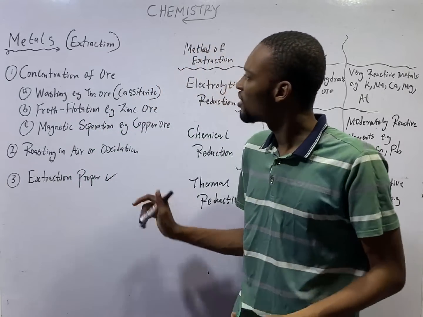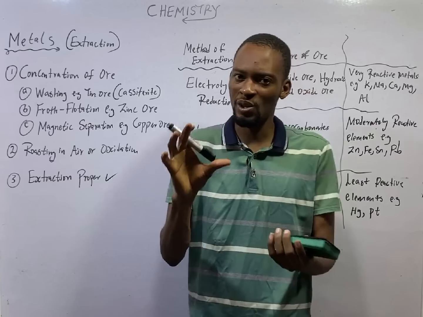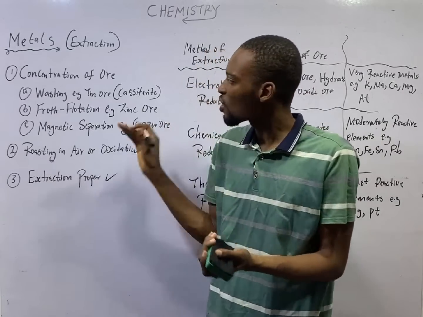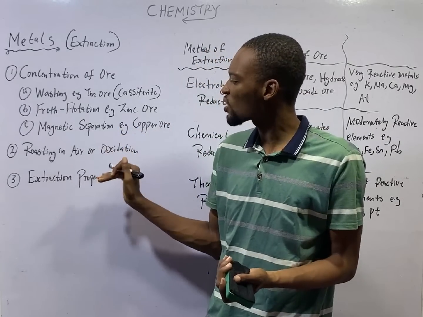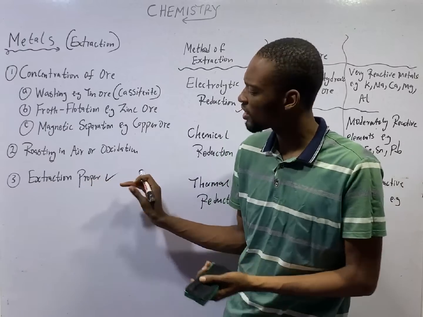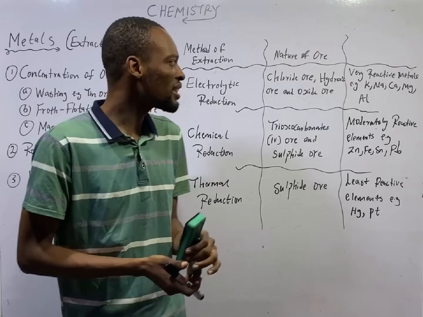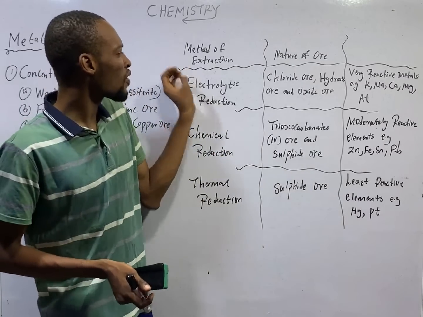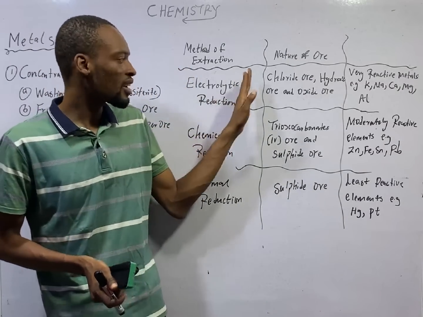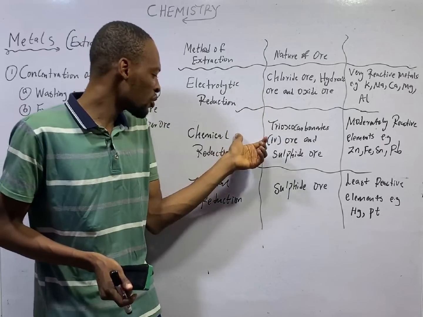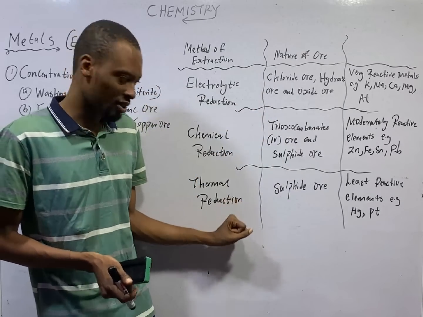In summary, the principles of extracting metals are concentration of ore, roasting in air or oxidation, and the main extraction. And the methods of extraction are electrolytic reduction, chemical reduction, and thermal reduction.